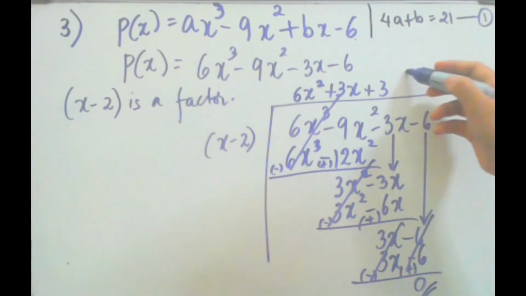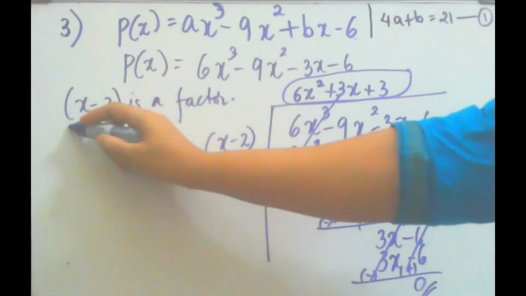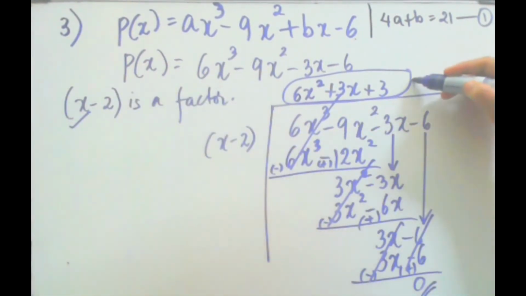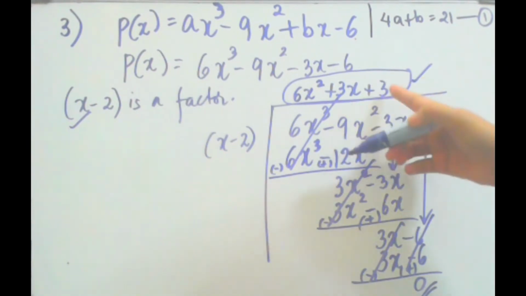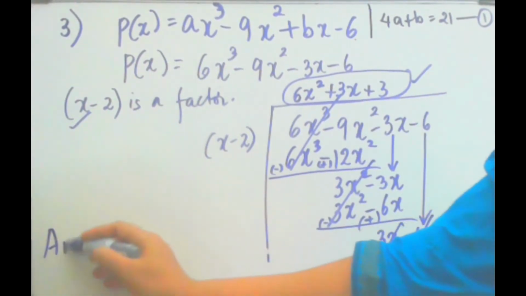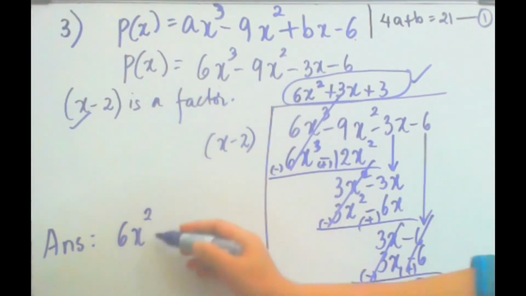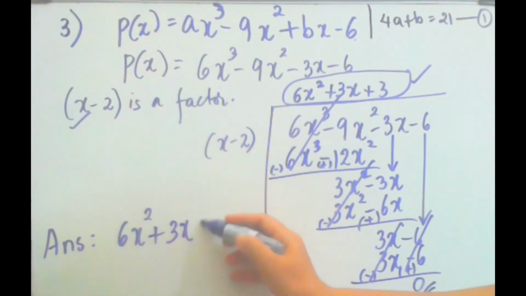So this shows us that this is another factor. So x minus 2 is a linear factor, and this one, 6x square plus 3x plus 3, is called the quadratic factor. So the answer for this part B is, the quadratic factor that we got is 6x square plus 3x plus 3.